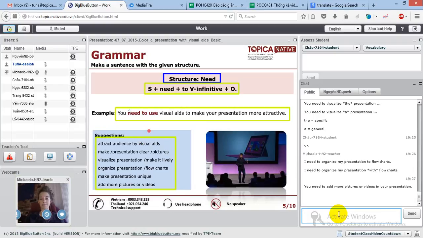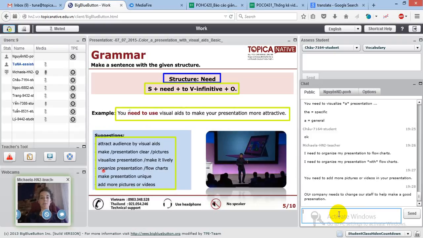In the future, our company needs to train our staff to how to make a good presentation. Okay. Our company needs to train our staff to help make a good presentation.